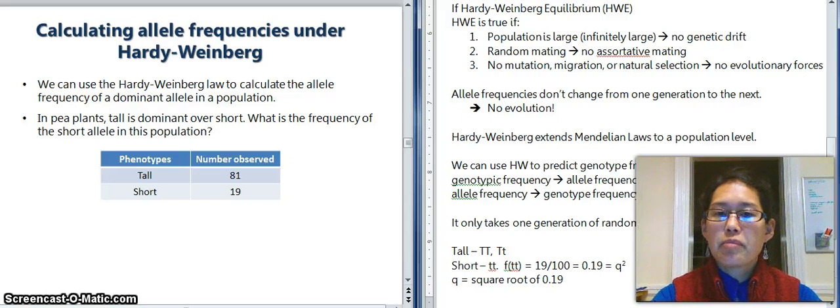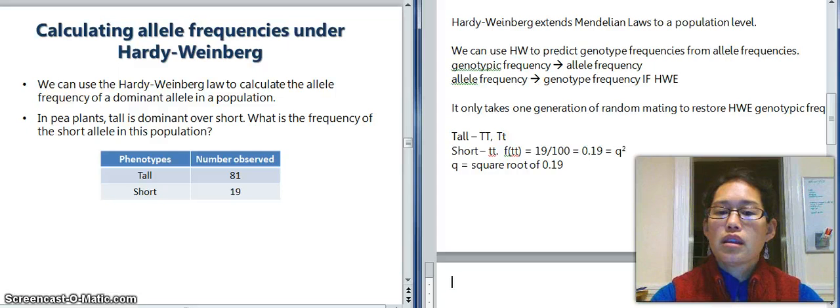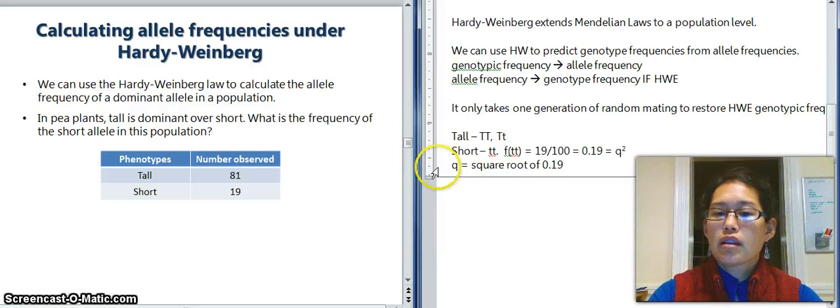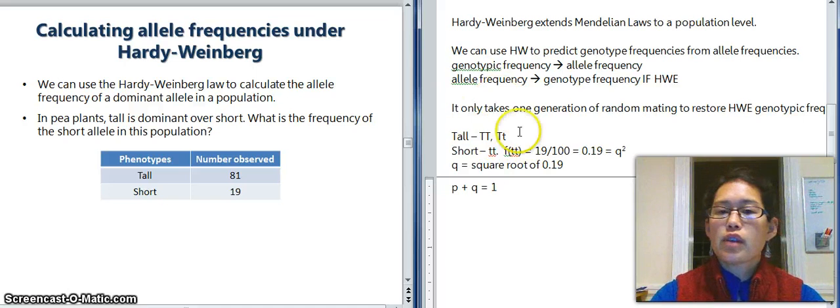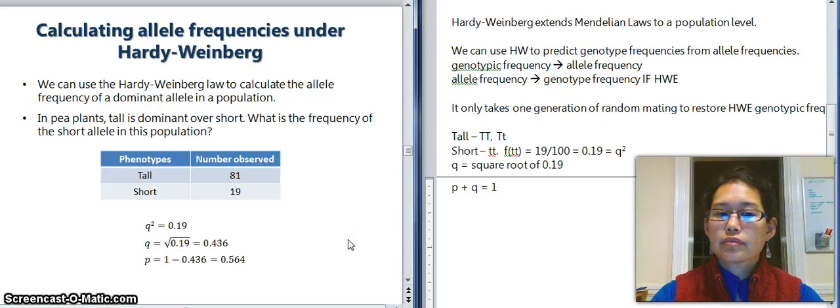Now, how do we get P then? Well, P plus Q equals 1. So then we just subtract Q from 1, and then you get P. So that's how that's done.